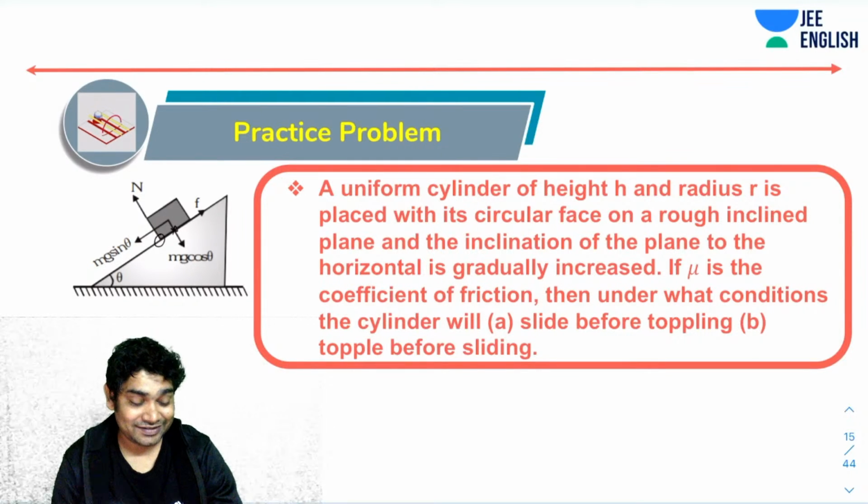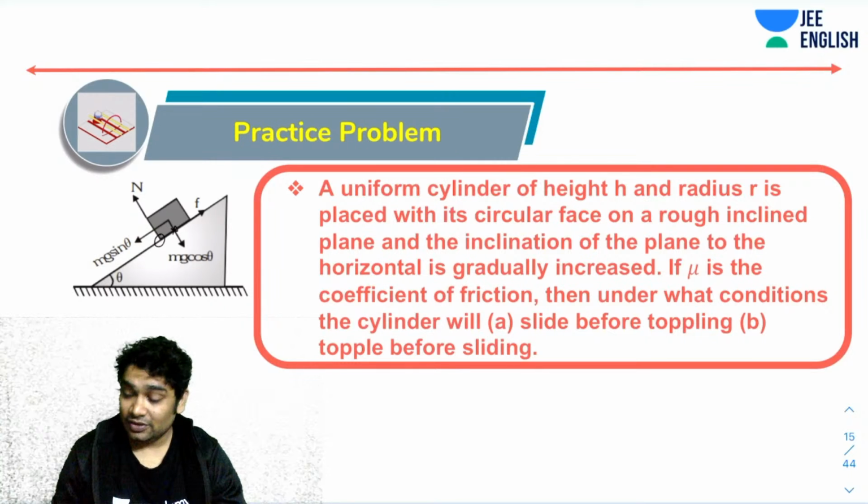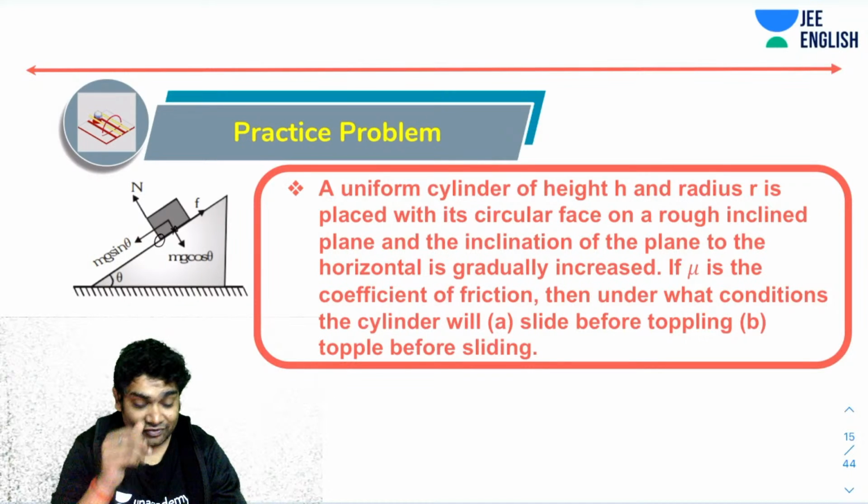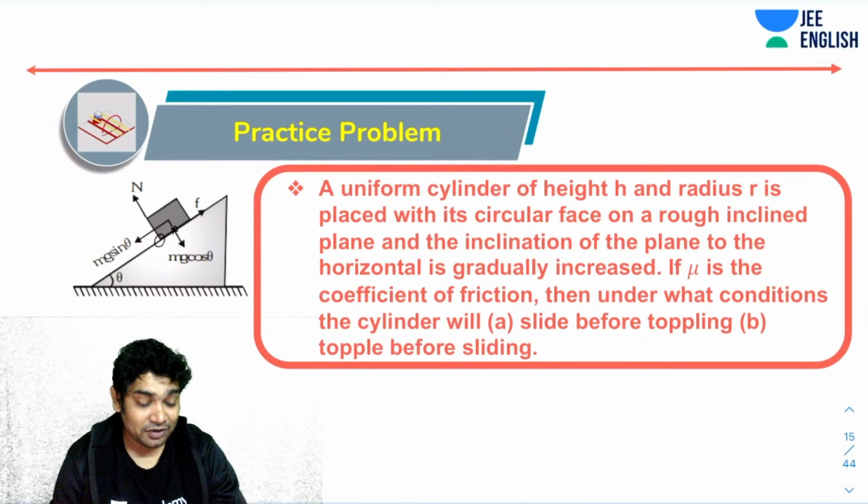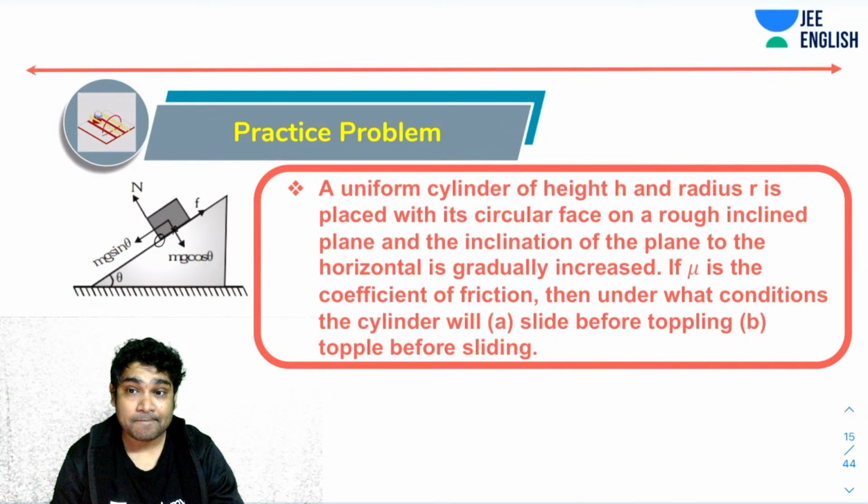So the hint is you find the force required to cause toppling, you find the force required to cause slipping, and that is how you can do it. So try and give me an answer.